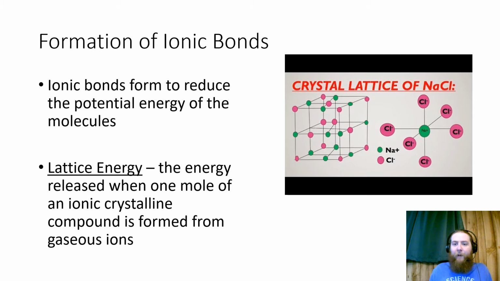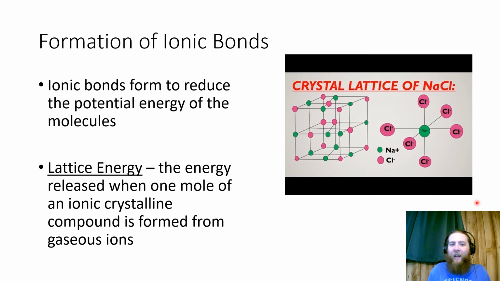The same reason that we get covalent bonds, which is to reduce potential energy, applies to these ionic lattices. This structure is very stable. Inside of a sodium chloride lattice, 6 of these chlorines are around each positive sodium, and 6 of these sodiums will be around a single chlorine.